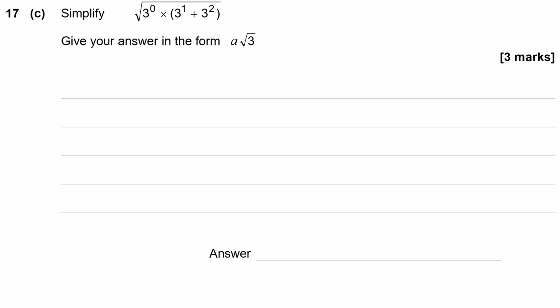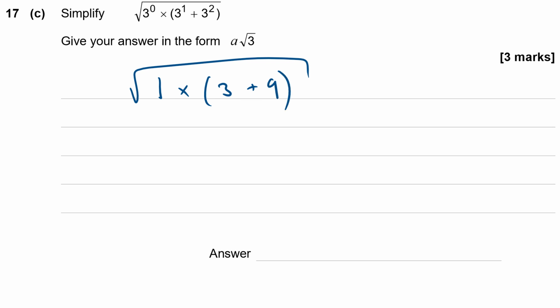17c, simplify the root of 3 to the 0 times 3 to the 1 plus 3 to the 2. Okay, so what we've got here then, 3 to the 0, anything raised to the power of 0 is 1. So I've got 1 times 3 to the 1, which is just 3, plus 3 squared. 3 squared is 9.